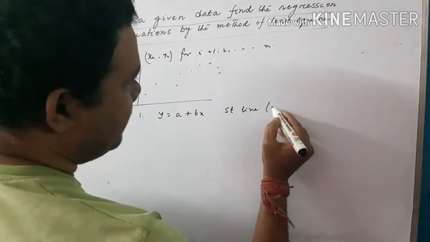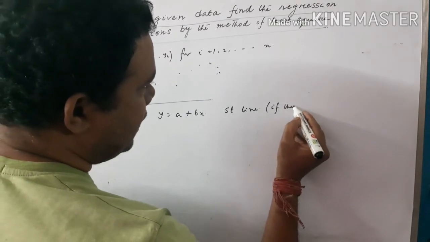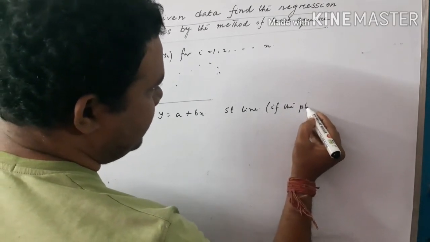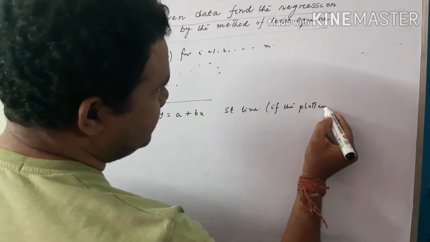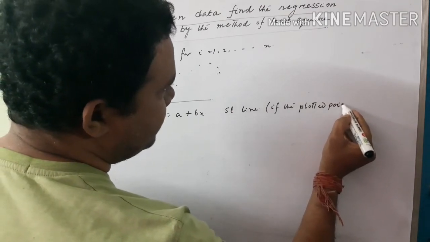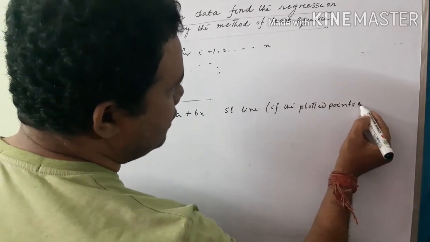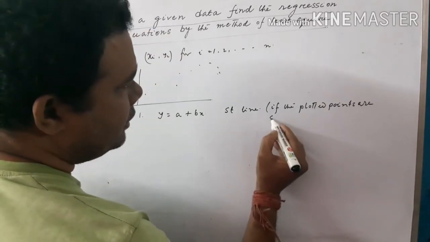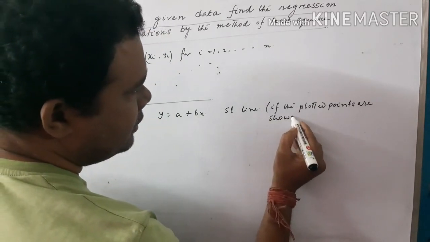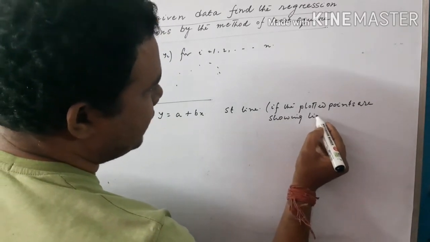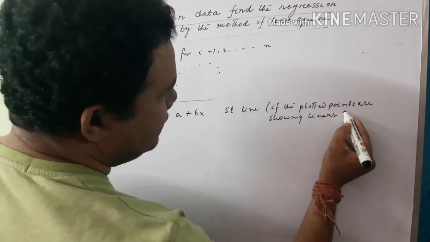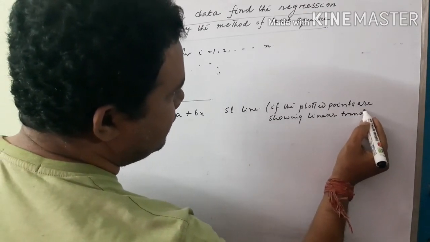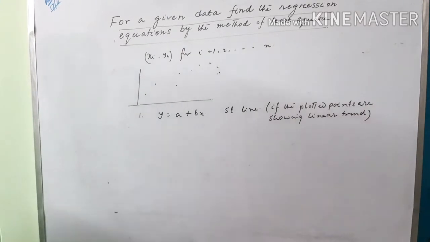If the plotted points are showing linear trend, then we use y equals a plus bx.